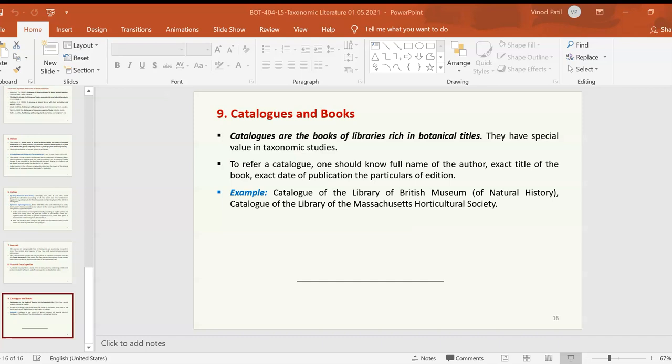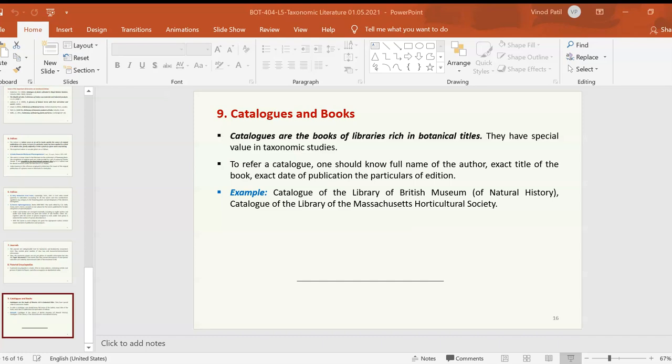Catalogs of the Bombay Natural History Society, BNHS catalog. So in this way, the publication may be in the form of catalogs and books, and this can also be used as a taxonomic tool.